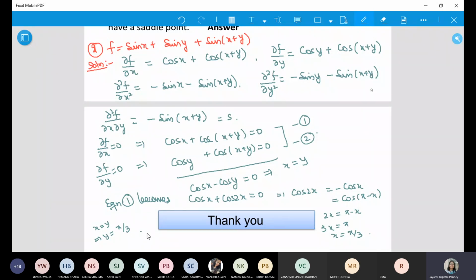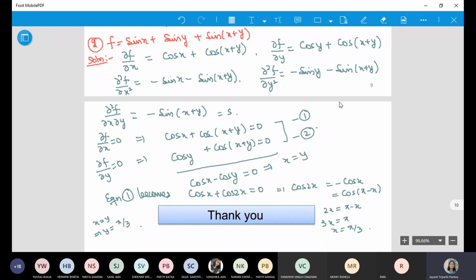Now you have x and you have y. Please find r, s and t. What is r? You put it here. This is minus, this is your r. This is your t.